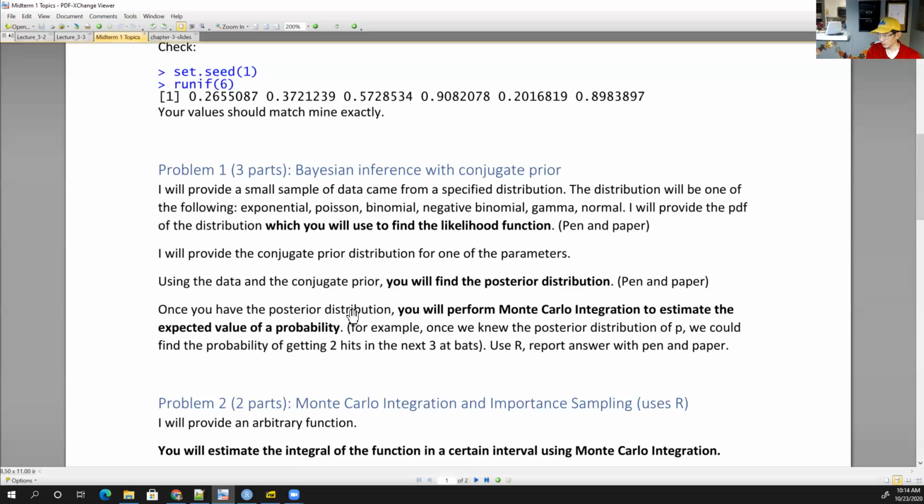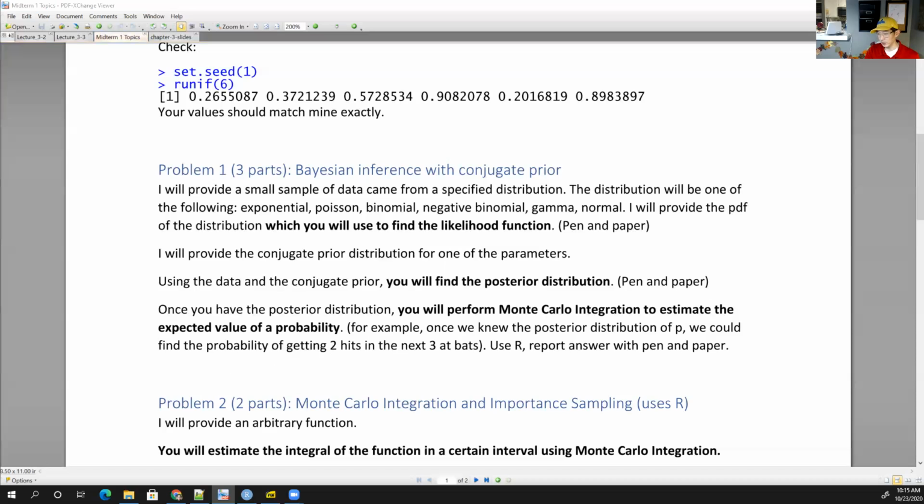Once you have the posterior distribution, you'll perform Monte Carlo integration to estimate the expected value of a certain probability. For example, when we had the beta binomial, you'd find the posterior distribution of p, the probability of getting a hit, which we said was a batting average, and then use that to find the probability of getting 2 hits in the next 3 at-bats.